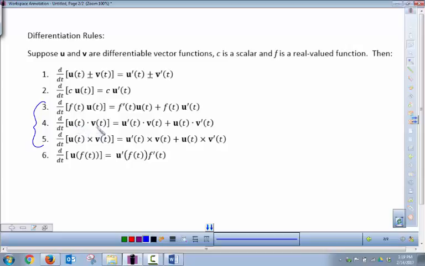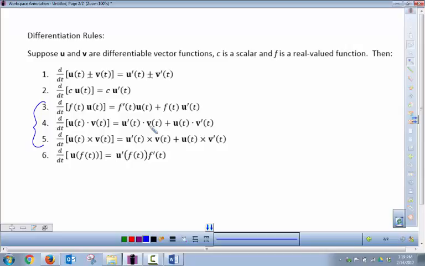The next one is your dot product, and the third one is your cross product. But all these mimic the idea of the product rule: derivative of the first times the second plus the first times the derivative of the second. So same thing with the dot and the cross products. And then the last one is more like a chain rule.